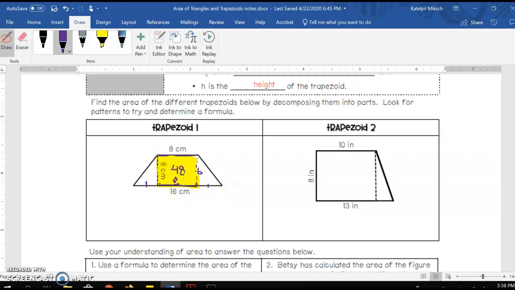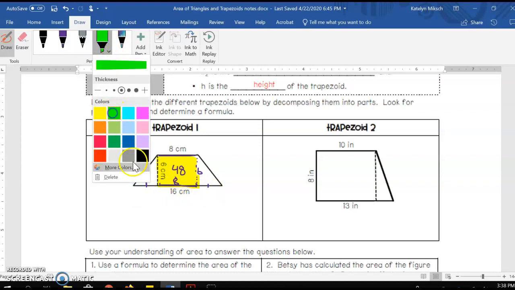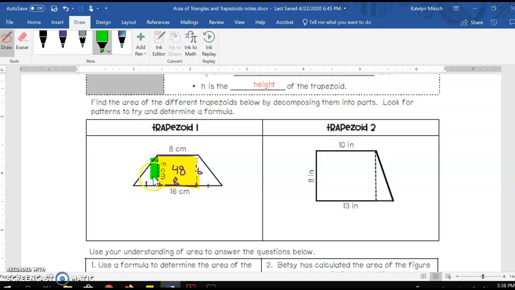So, if this section that we just used for our rectangle is 8 and the whole length is 16, we've got to figure out what the bases would be on our 2 triangles. And let me highlight those in a different color. So we have a triangle here and a triangle here. We know the height on each triangle is 6, but we don't know the base.